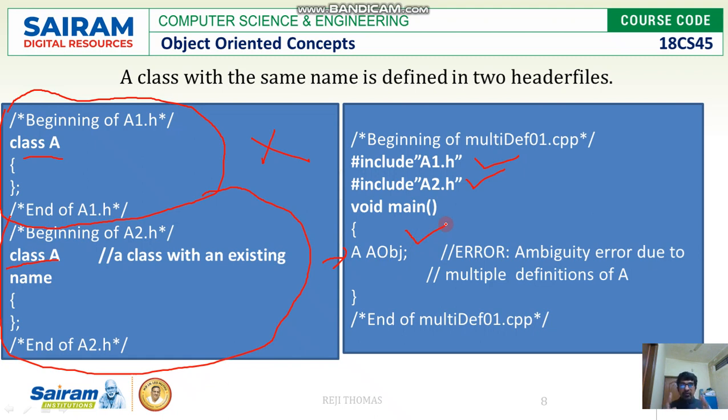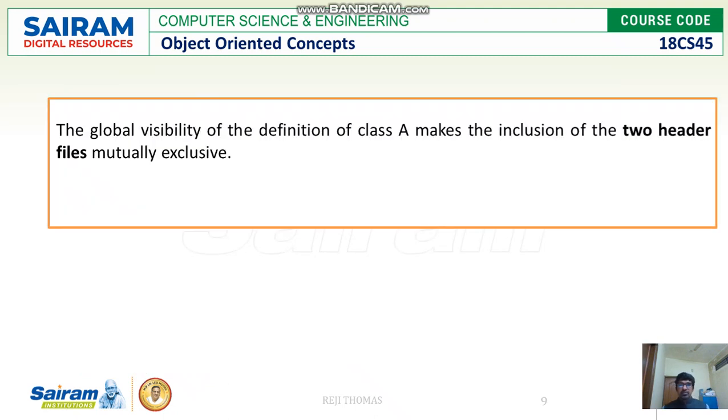Because we have two classes with the same name in both header files. Class A is there in a1.h, and at the same time there is a class A in a2.h. This is going to create an ambiguity for the compiler, and it will not get executed because there is no clarity. So what is the solution for this?